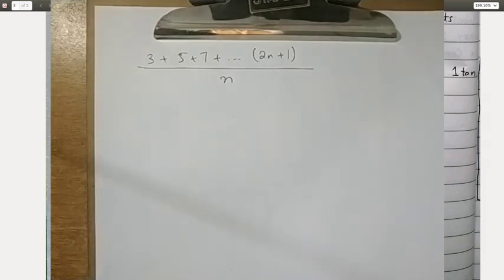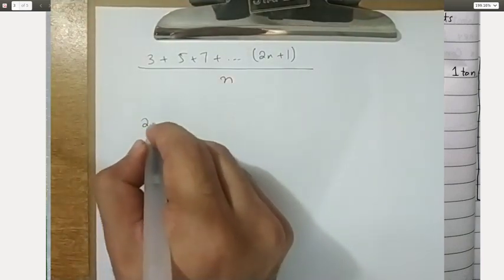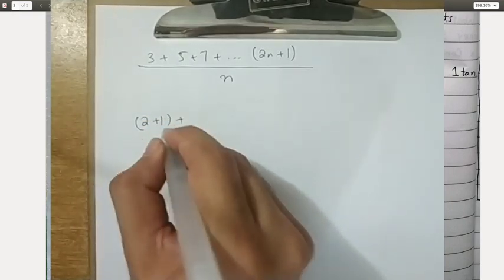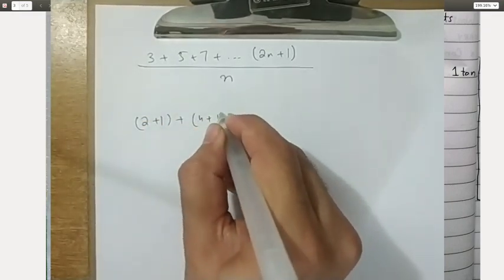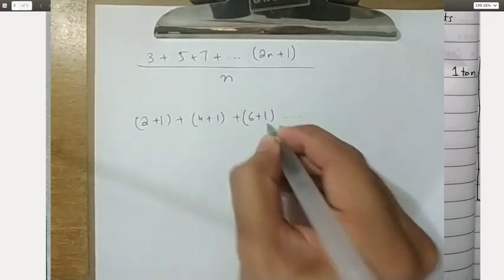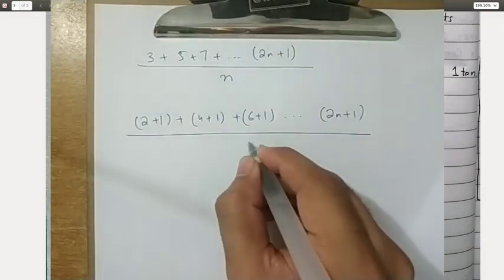You can actually write this 3 as 2 plus 1. You can write this 5 as 4 plus 1. You can write this 7 as 6 plus 1, and so on. And the last element would be 2n plus 1.